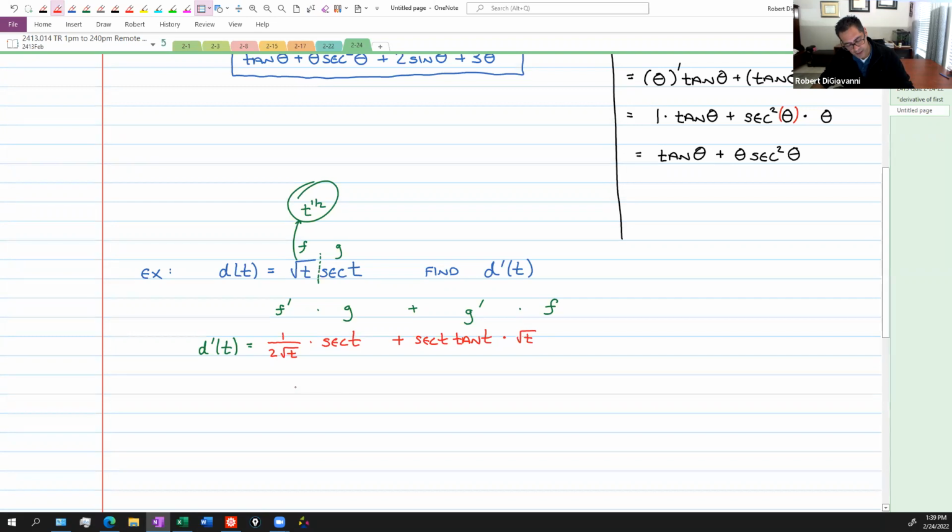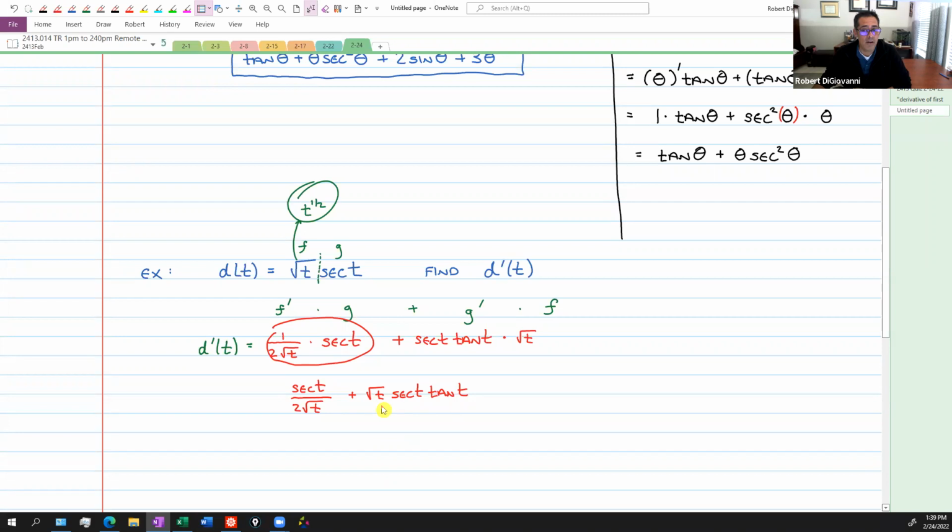Yes, you could do some things like maybe you could write secant t over 2 root t, combining those two together like that. And then on the second one, maybe you move the root t out to the front. That would be better looking. You could get a common denominator. We probably wouldn't want to do that right now, but later on, we will.